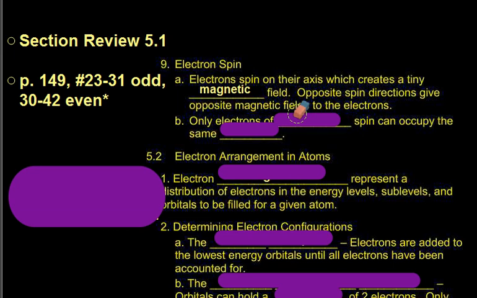And so all electrons spin, and because of that, they have a particular magnetic field around them, and they can only be joined by electrons that are creating an attractive magnetic field, which means they have to have a spin in the opposite direction. And so only electrons of opposite spin can occupy the same orbital because of this magnetic field.